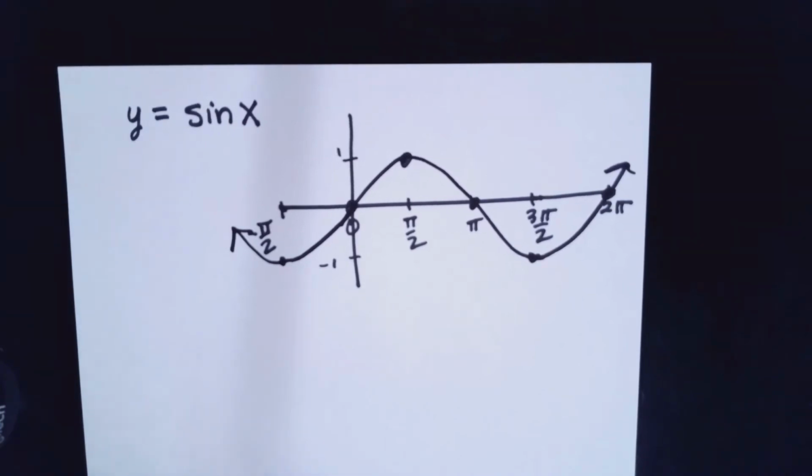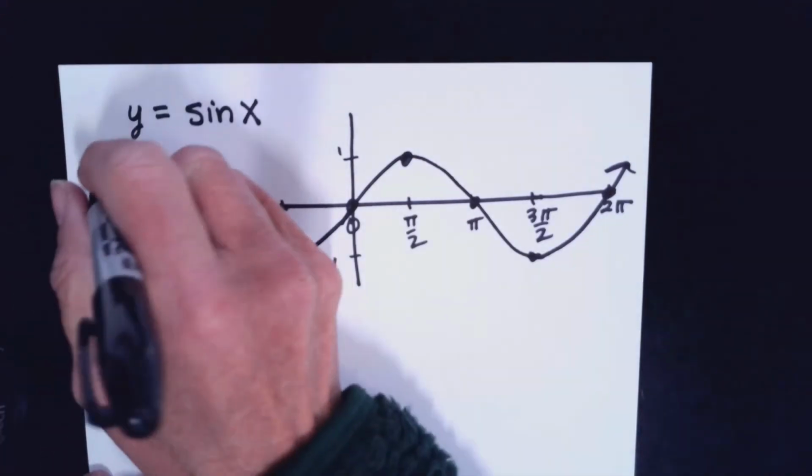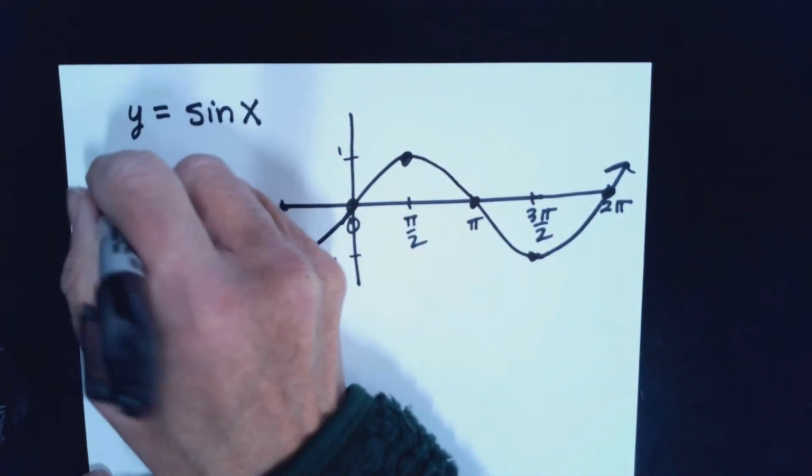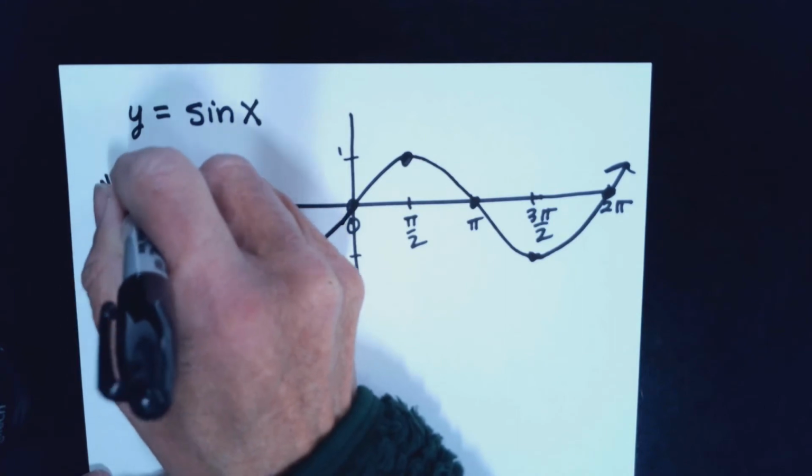So if we graph the sine function, well, first of all, it is a function. It does pass the vertical line test. But do you see how it's not a one-to-one function? It does not pass our horizontal line test. So it's not a one-to-one function.